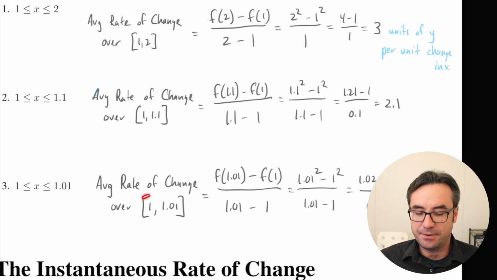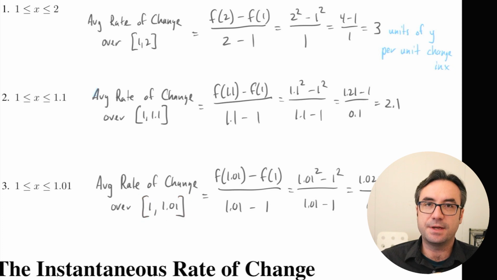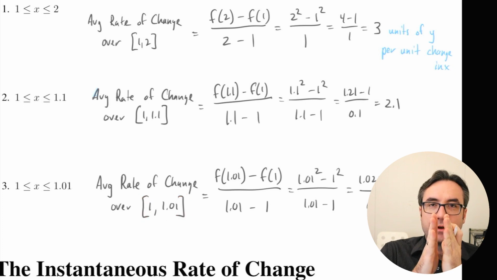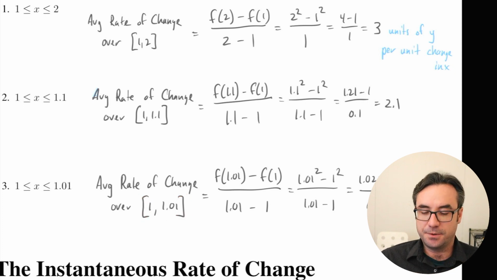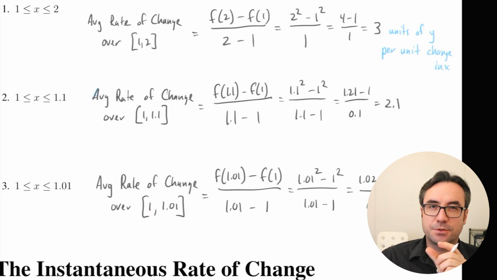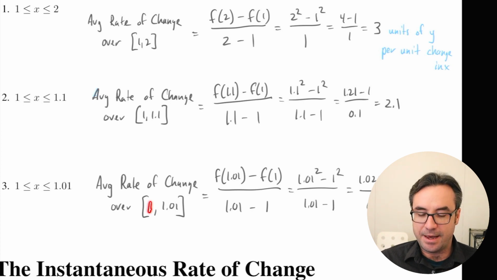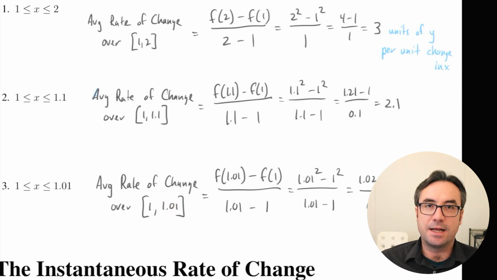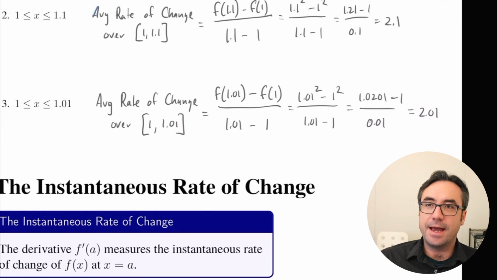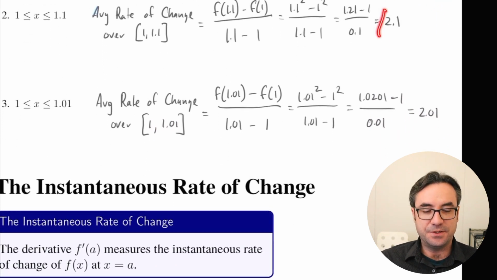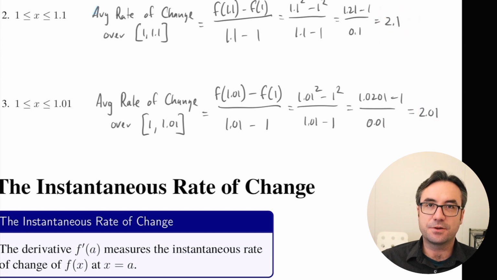So if we shrink this interval down even more, so that we're really looking close to this endpoint 1, just slightly shifting to the right a little bit, and we have this really small interval here, well, then our average rate of change is this 2.01. And these values are starting to look very similar.